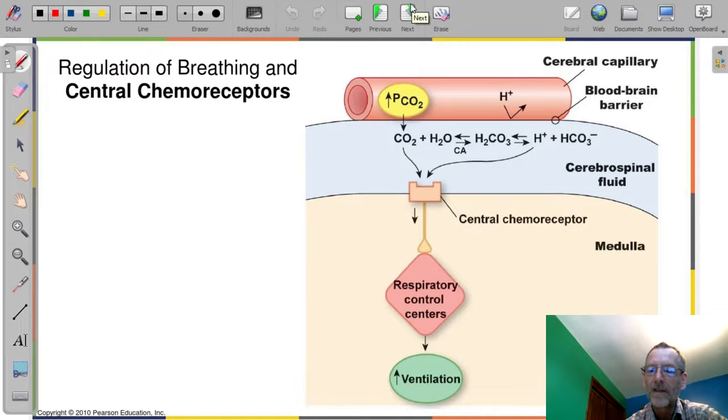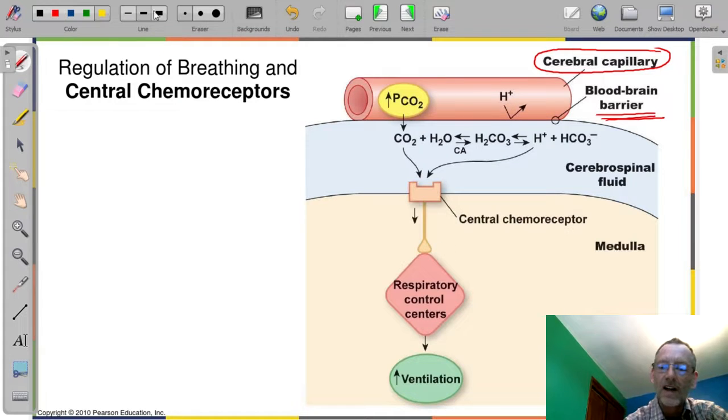Here's a neat little graphic. The central, or the cerebral capillary rather. So this is in the brain, and there's our blood-brain barrier represented by just a solid line. Again, the hydrogen ions cannot diffuse through.